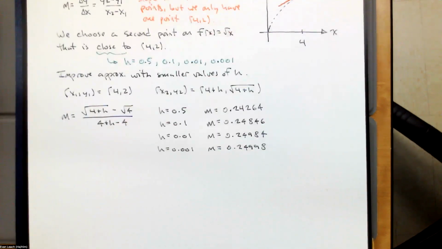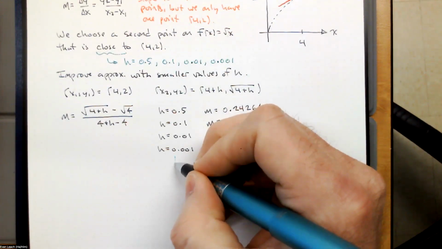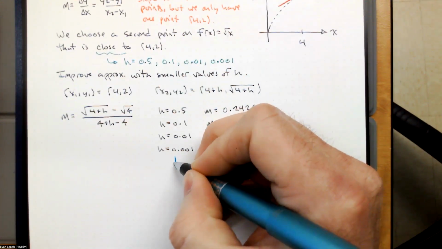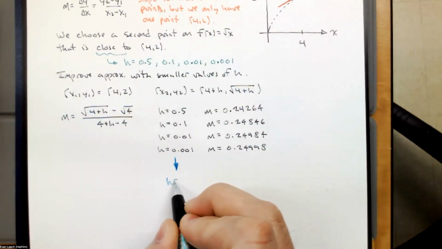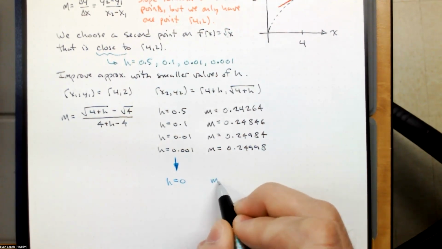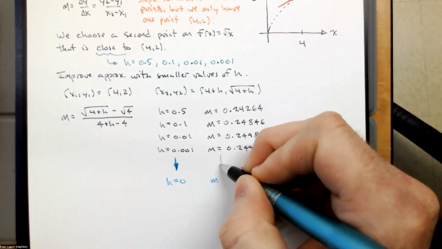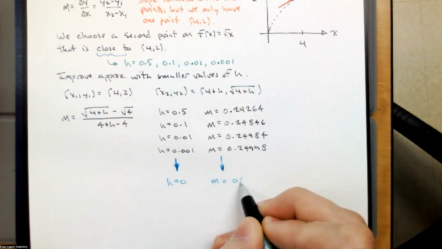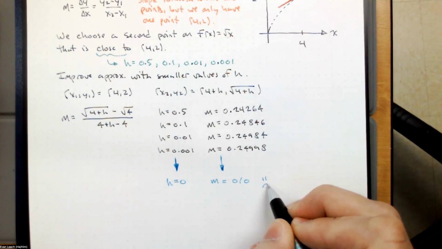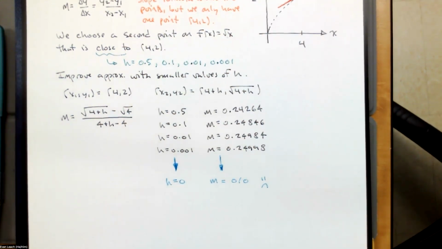Our thinking is still, I'm aiming for h equals 0, but then if we do the slope here, we get 0 over 0, which is indeterminate. That's not helpful. In this case, those of you with your secret derivative knowledge, 0 divided by 0 is 1/4.